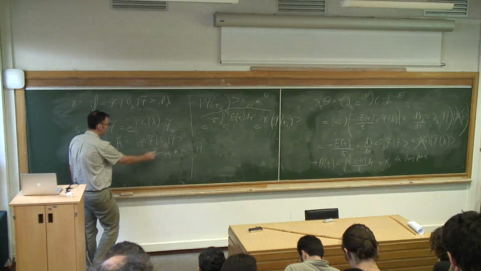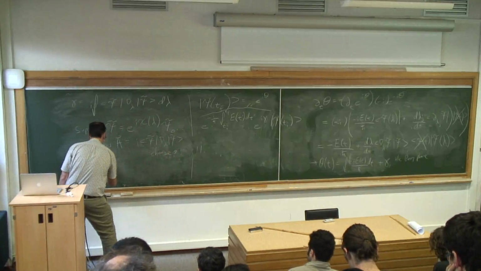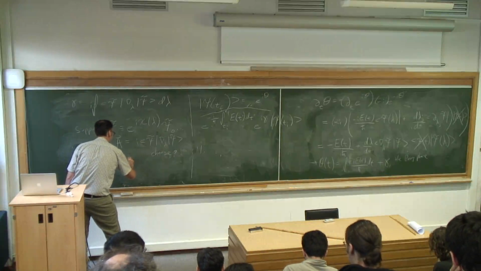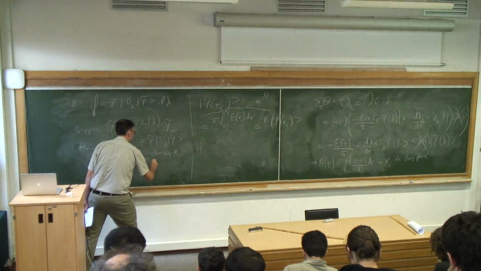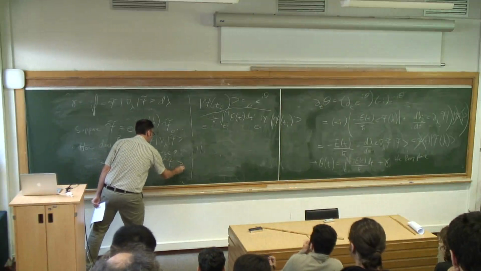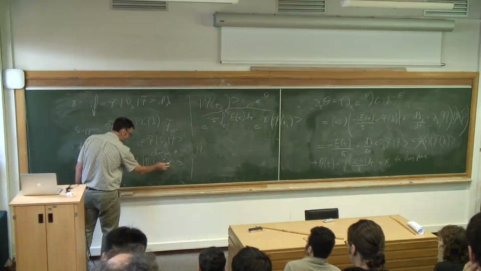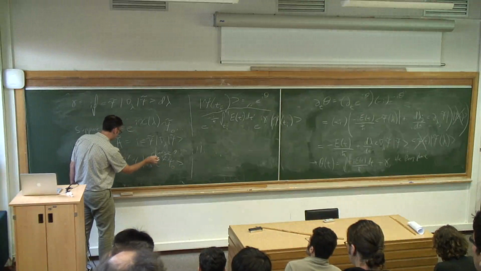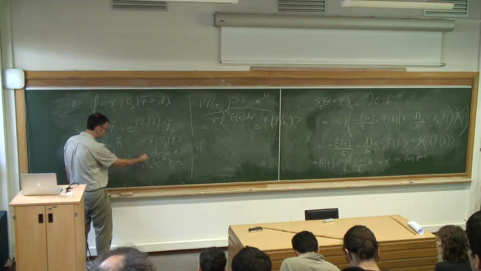Well, I've got one term where this derivative just acts on psi 0. So I've got e to the I chi psi 0, grad lambda, e to the I chi psi 0. I'm going to have two terms, one where this derivative acts just on psi 0, which is going to be easy because this e to the I chi will cancel out the e to the minus I chi I get from this once I put it in the middle.